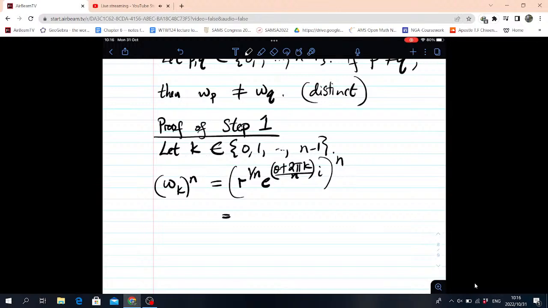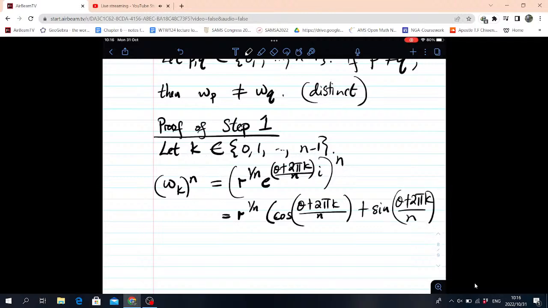other polar form, then we can say this is going to be equal to r^(1/n) (cos((theta plus 2 pi k)/n) plus i sine((theta plus 2 pi k)/n)), and then we've got our brackets to the power n.